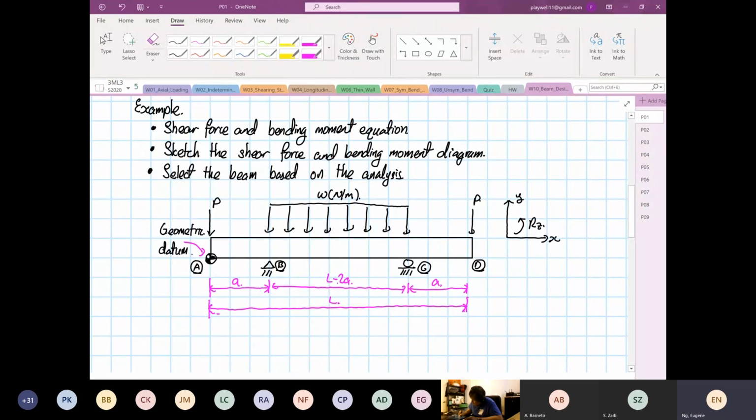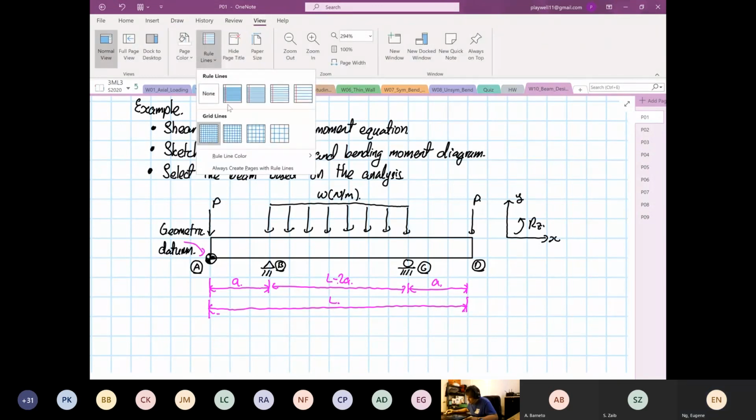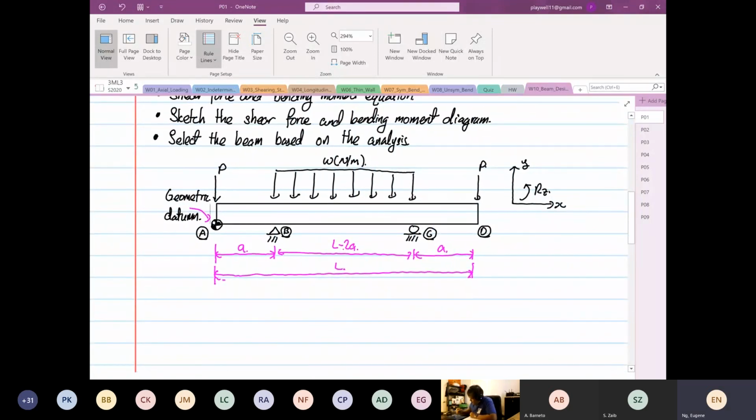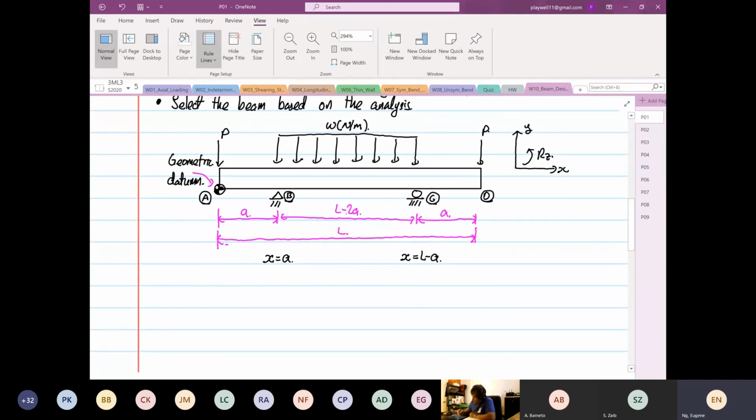And then I want you to learn boundary conditions. So at point B, x is equal to a, and at point C, x is equal to L minus a. And there is a sequence of symbols that I want you to remember, and later on I will explain to you why, or probably next week. So we will have V, M, theta, y.